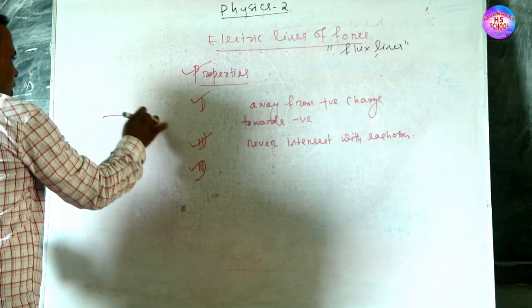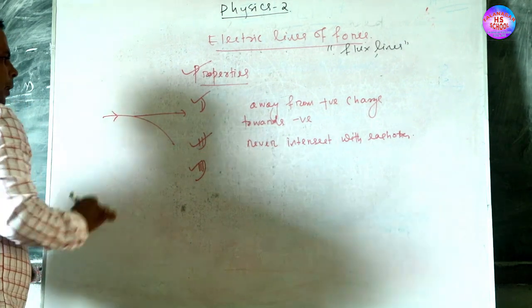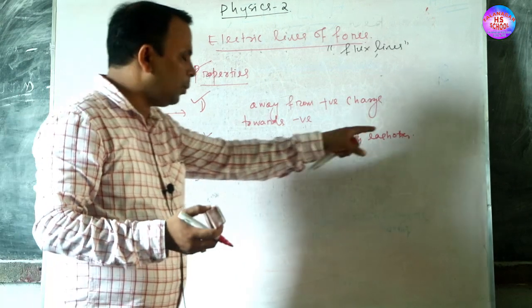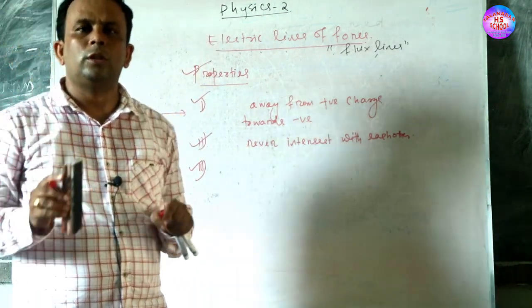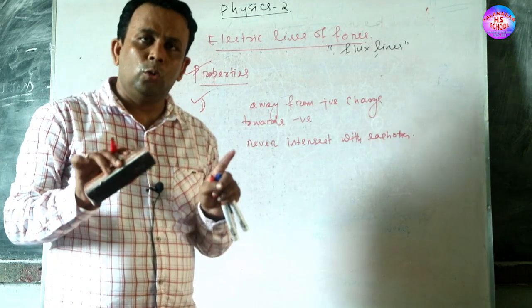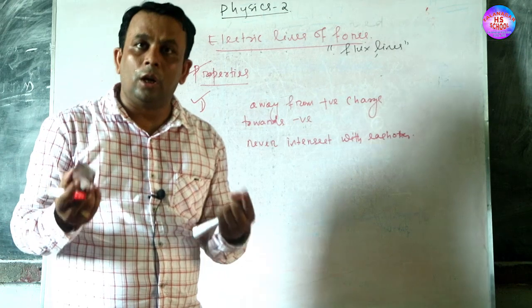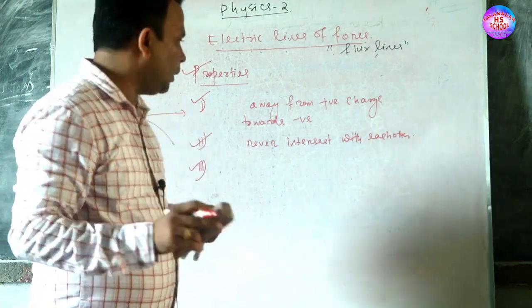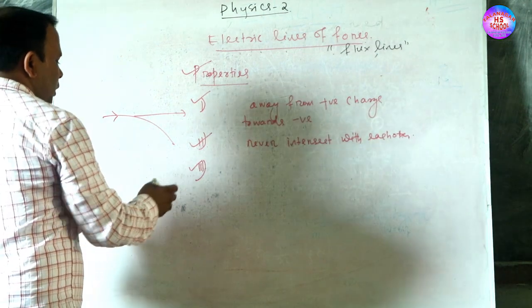Why do two lines of force never intersect? If two lines of force cross at a common point, two tangents can be drawn, giving two directions, which is not possible because it is one field. Therefore, two lines of force never intersect with each other.